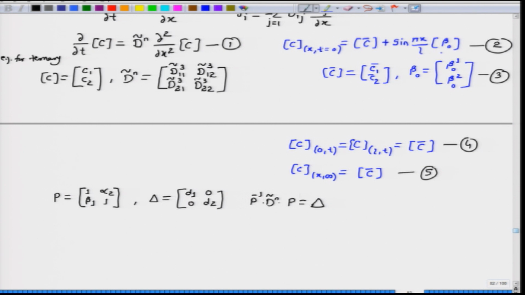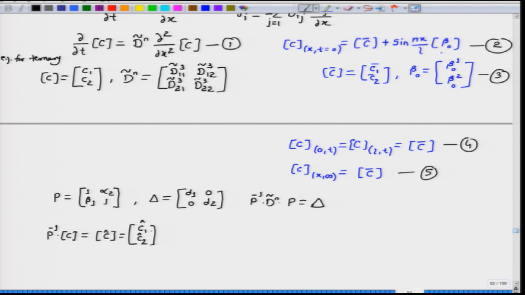Now, we convert the concentration from its original basis to cap basis, and we do that just like what we did for the diffusion couple problem. We pre-multiply the matrix C with P inverse, which would give the matrix of concentration in new basis, we call it cap basis. So, P inverse times C gives me C cap, and C cap again for ternary if we write is nothing but the column matrix of C1 cap and C2 cap.